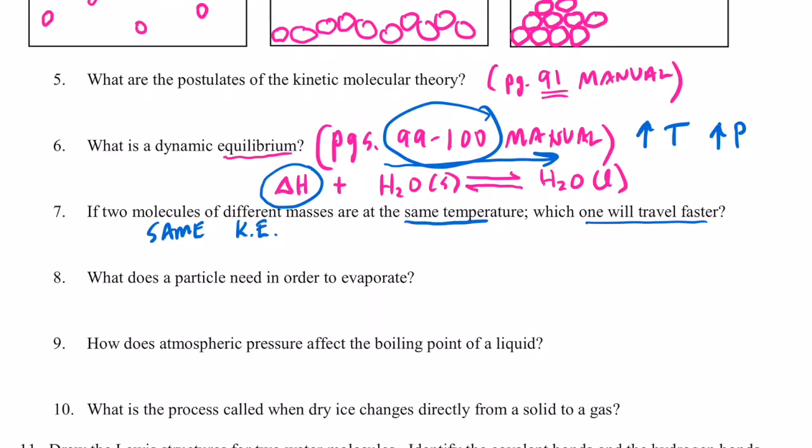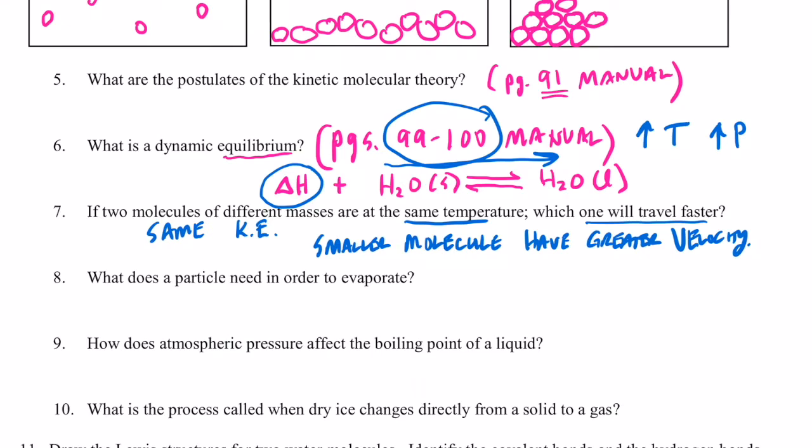If they have different masses, though, remember the smaller molecule will have the greater velocity. That needs to compensate for its size, so it needs to move faster so it can have the same kinetic energy as a large molecule.